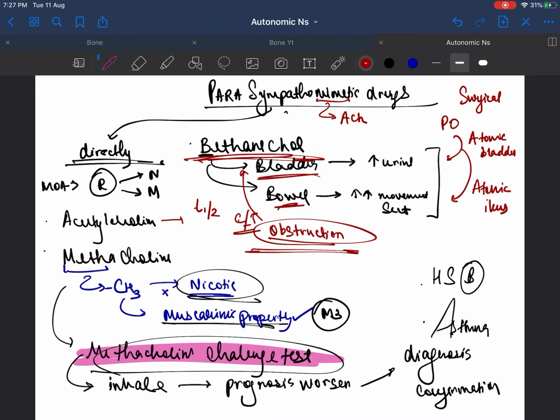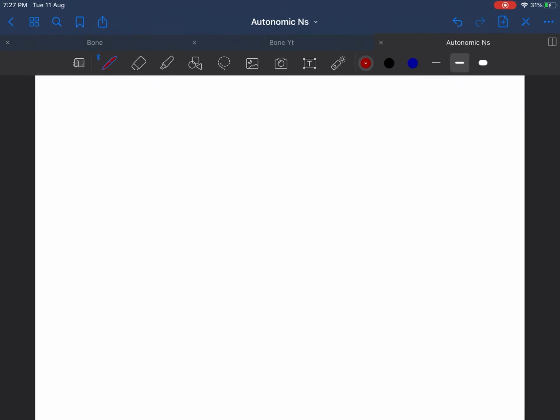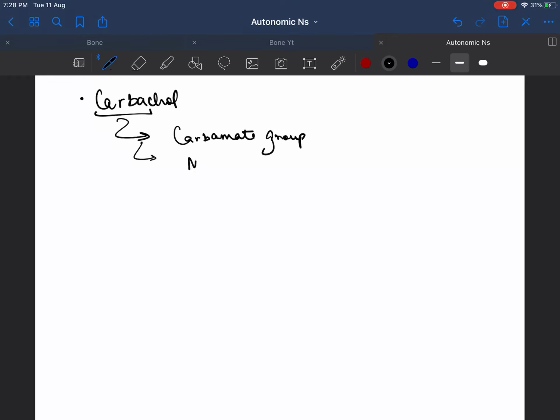Now coming to the last two drugs. We have one drug known as carbachol. Obviously, as the name suggests, it contains the carbamate group.